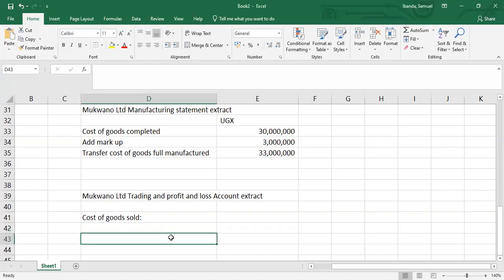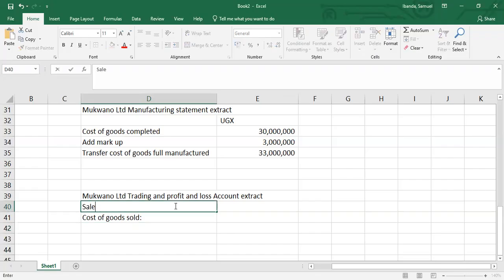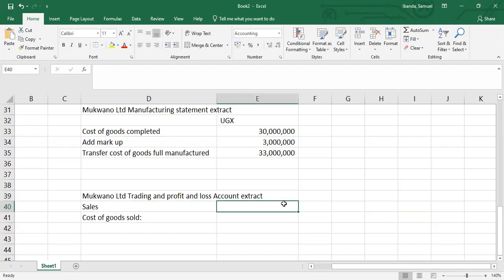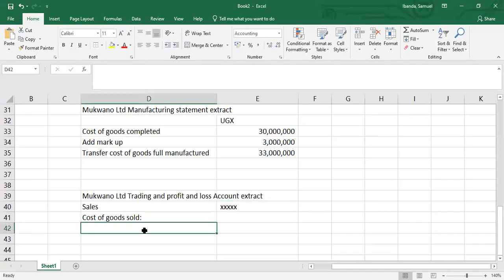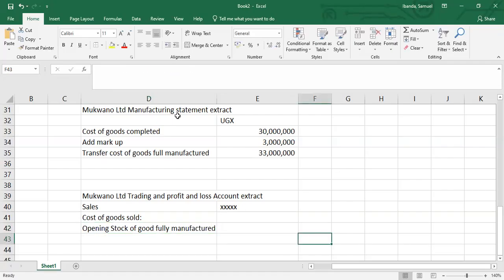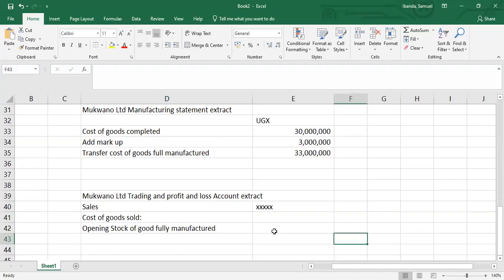So basically for the sales, we don't have anything, okay? So this can just be put as X. Under cost of sales, we said we are having opening stock of goods fully manufactured, or finished goods, okay?